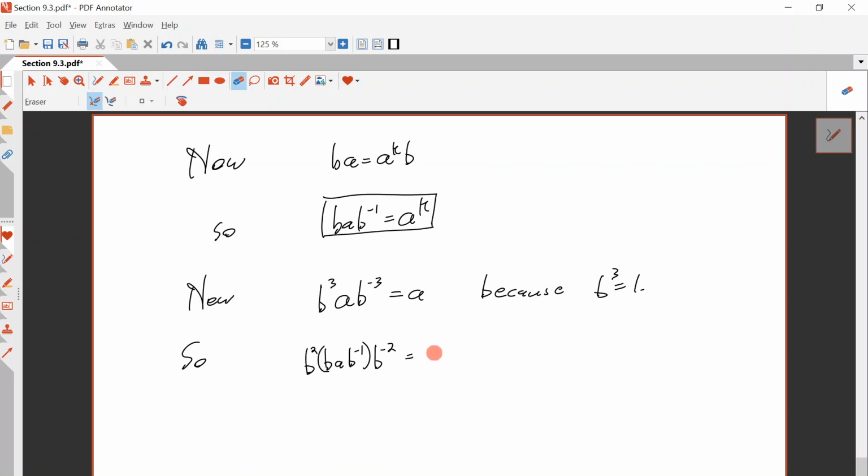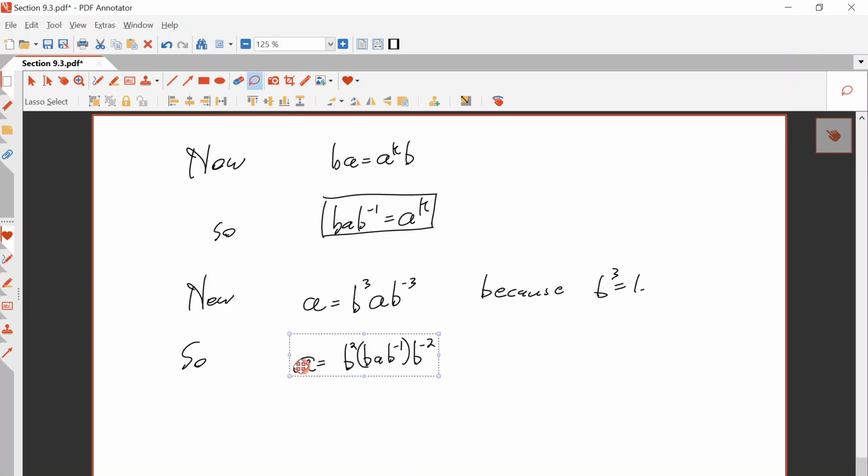Well, let me see, how should I do this? Let's do it this way. So A is equal to B inverse times B squared on the left, B to the minus 2 on the right.